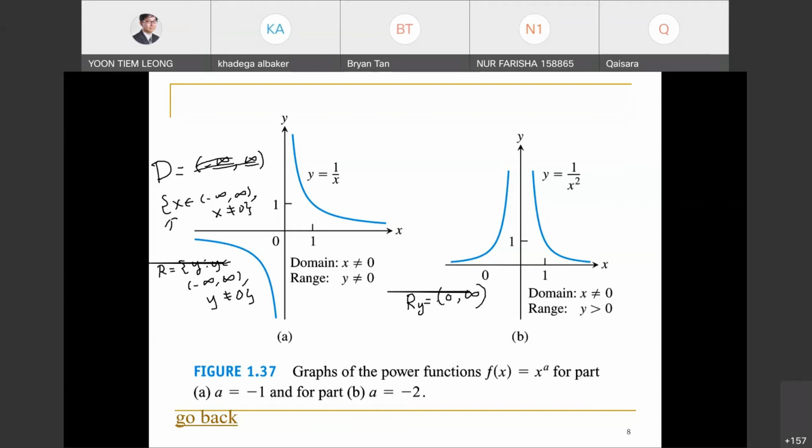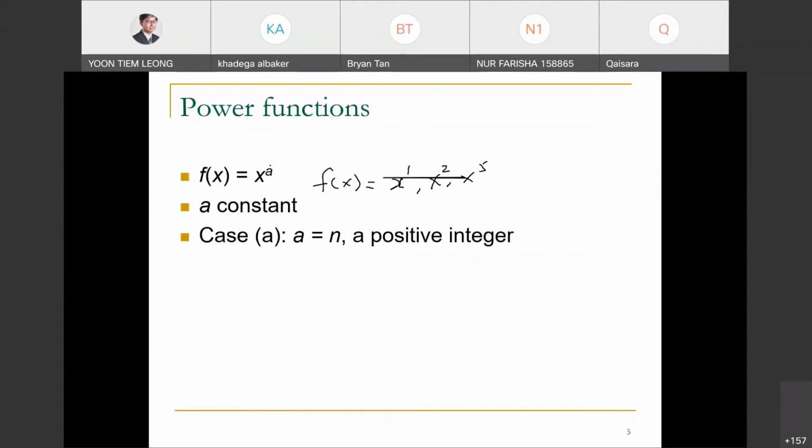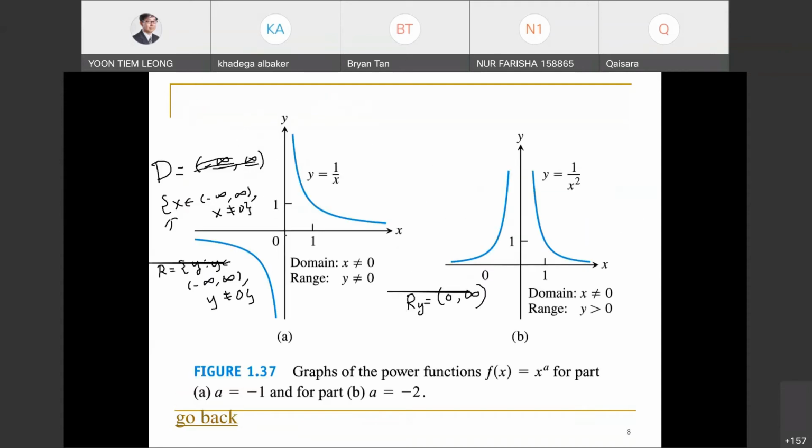Okay, so this is how I write down the range and domain of a power function with the constant raised to power minus 2. So in general, given a power function where a is a negative integer, you should know roughly the shape of the graph, right?